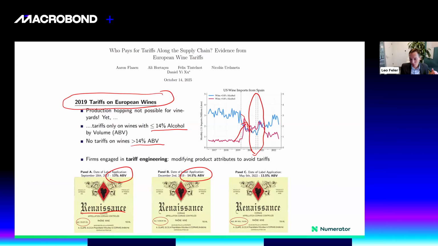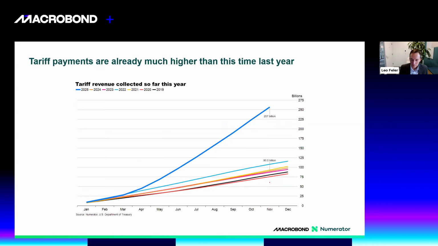And then when tariffs got removed, the alcohol volume came down again. So if you were drinking in 2019 and you're like, man, this glass of wine is hitting a little bit harder, you're probably onto something, which is there was a higher alcohol content because of the tariffs that were put in place. This is actually pretty distortionary, but companies can find a way to get around tariffs, and sometimes that means changing the composition of their products.